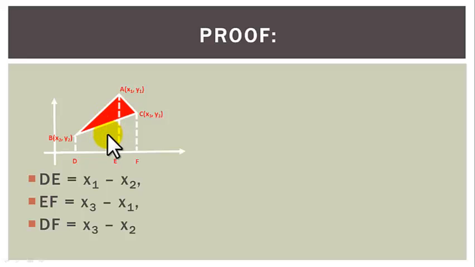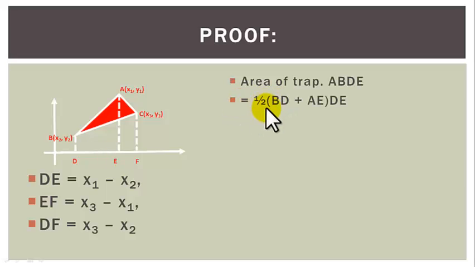So let us find the area of the three trapeziums. Area of trapezium ABDE is equal to half (BD plus AE) times DE.